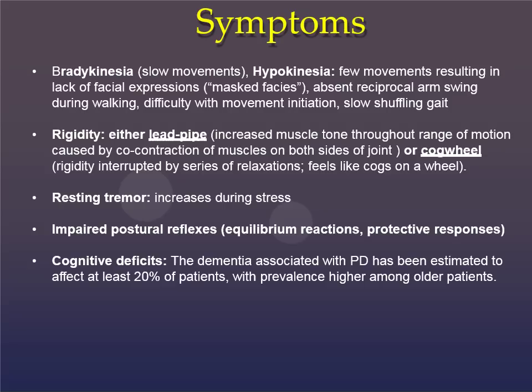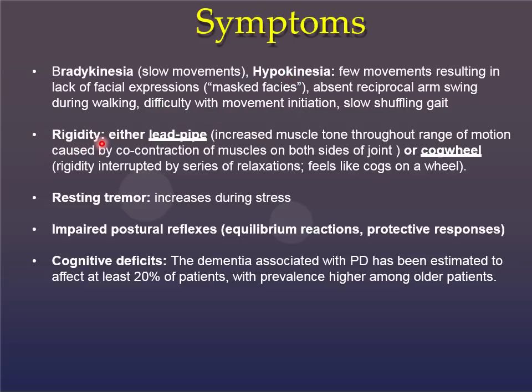The symptoms include, there are cardinal symptoms, 4 and a 5th that we'll see in many patients. Cardinal symptoms are bradykinesia, slow movements or very few movements, or even akinesia in the extreme where there's an absence of movements.